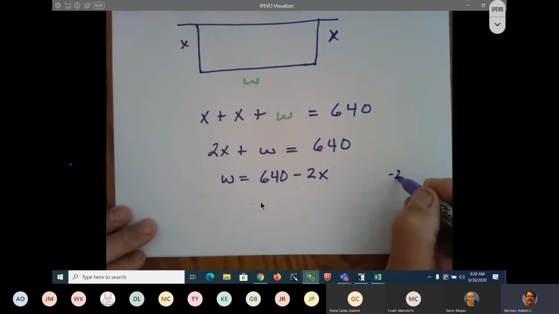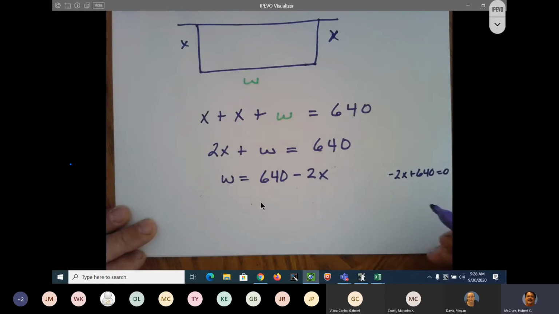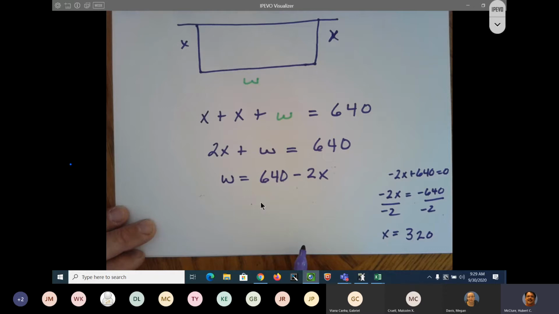So solve this for x. Negative 2x plus 640 is equal to 0, and negative 2x is equal to negative 640. Divide by negative 2, divide by negative 2. X is equal to 320. And you know distances can only be positive. So I would say 0 to 320.